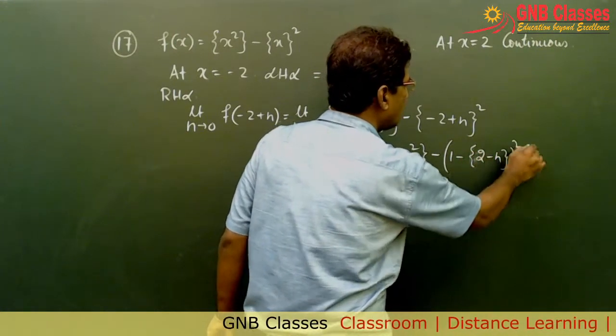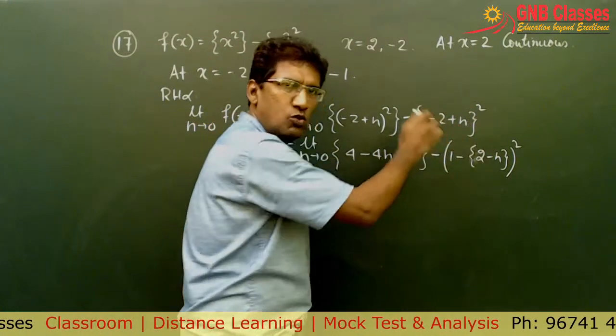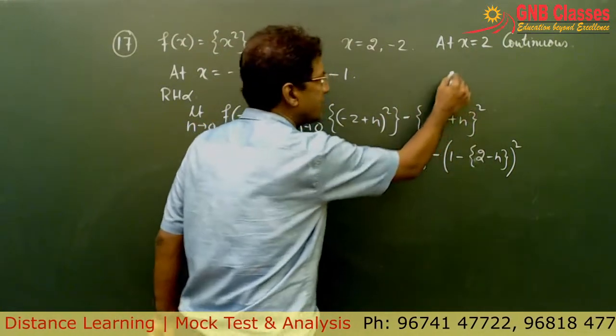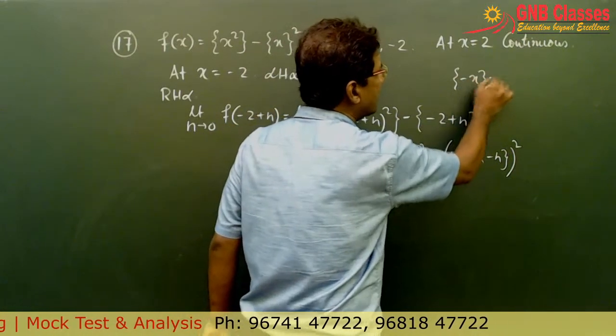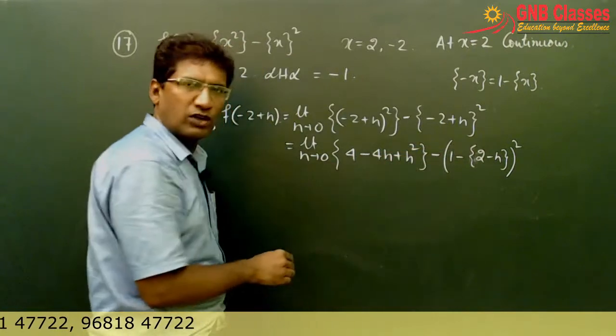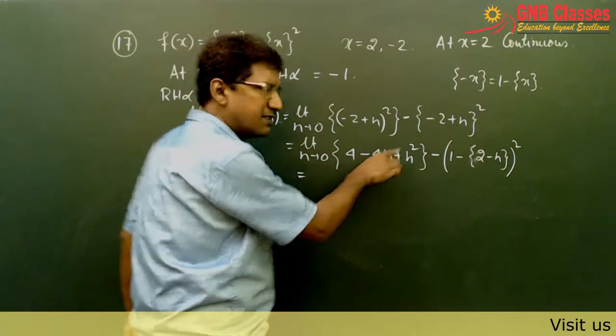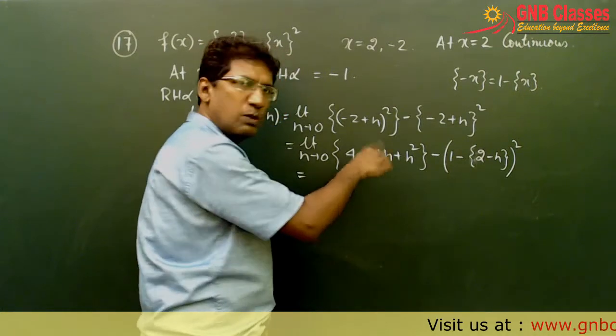Is it clear to all of you? Have you understood this? Because if I take a minus common, it is going to come 2 minus h. So as I just told you, fractional part of minus x can be written as 1 minus fractional part of x. That's exactly what I have done there. In this case again, 4 minus some positive value, so it is 3 point something.